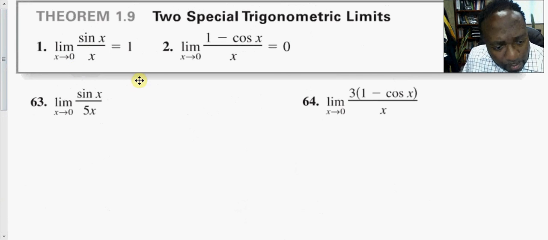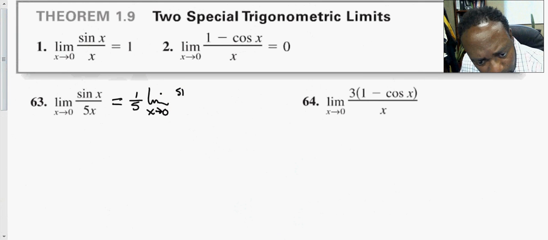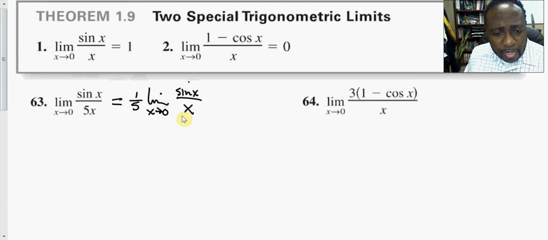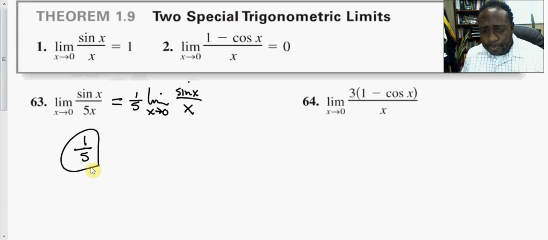So we'll do that. So when you do that, this gives us 1 over 5 now times the limit as x approaches 0 of that sine x over x. Well, the limit of sine x over x as x approaches 0 is equal to 1 times the 1/5. So all we have here for your answer is just 1/5.